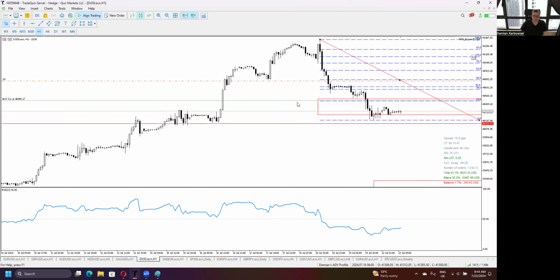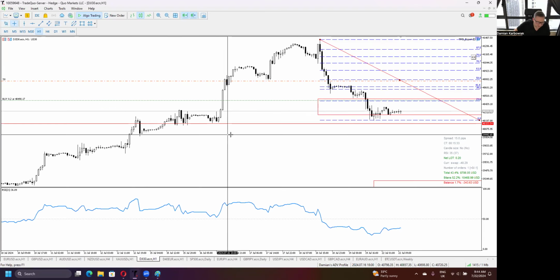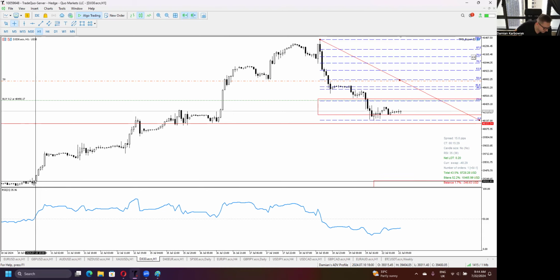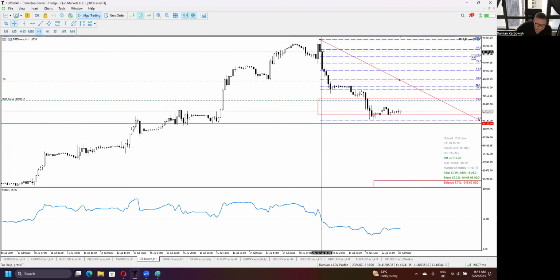That's why I reduced the volume, because previously I was playing 0.5 lot per every 10,000, but it was too much. Imagine that one candle here, this H4 candle, or even H1, wasn't so bad because it was not even 100 pips, but this H1 was like 200 pips.